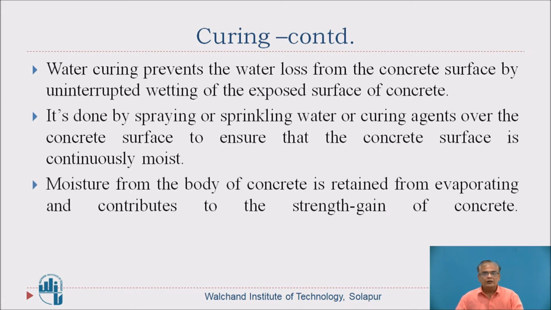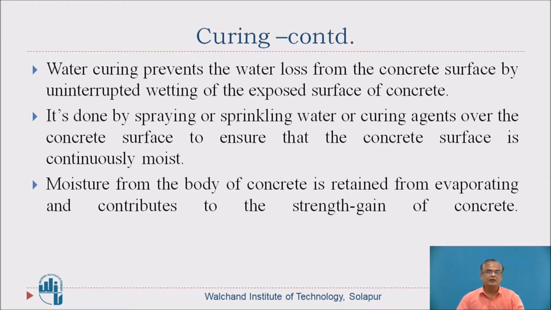Now, water curing, what does it do? It prevents the water loss from the concrete surface by uninterrupted wetting of the exposed surface of concrete. So moisture loss or water loss will be prevented during the curing from the surface of concrete. It's done by spraying or sprinkling water or curing agents over the concrete surface to ensure that the concrete surface is continuously moist.